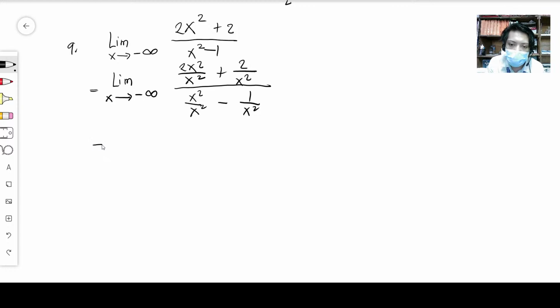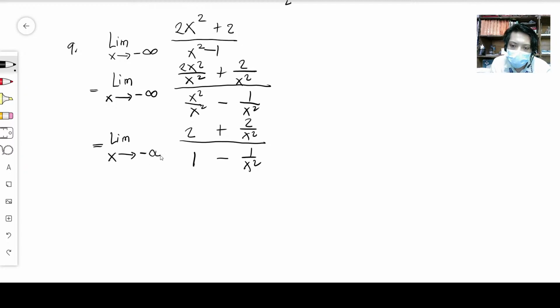Take note, I will not yet write the limit word because I have not yet substituted. So this is 2 plus 2 over x squared all over 1 minus 1 over x squared when x approaches negative infinity.